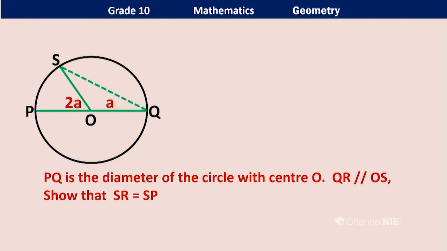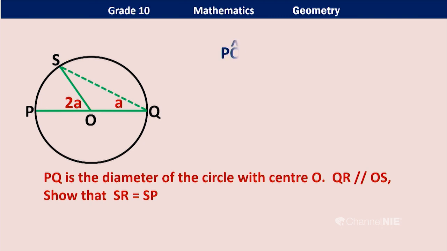Therefore, once again we can have a relationship between those two angles. Previously, we have learned that the angle subtended at the center of the circle is twice the angle subtended by the same arc at the remaining part of the circle. Therefore, angle POS is 2A. That means the magnitude of the angle PQS can be taken as simply A.